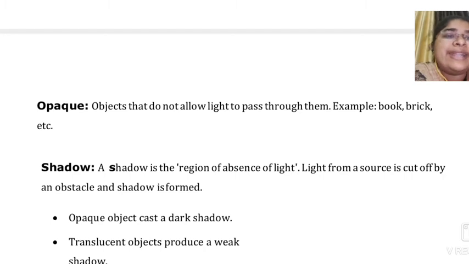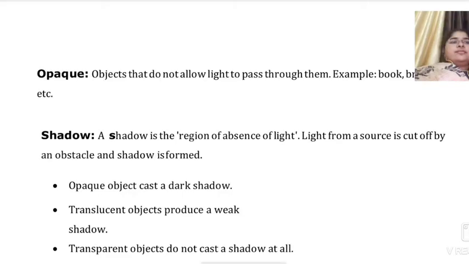It means light does not pass through them. So this type of object is called an opaque object. So student, remember the definitions of the three media or objects: transparent, translucent and opaque.